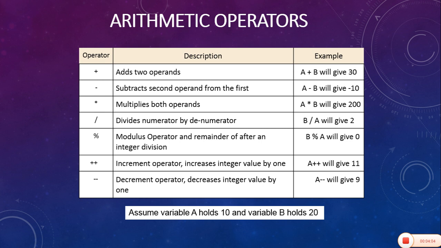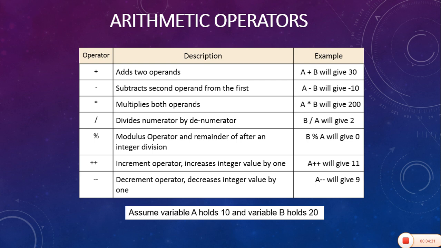The compiler will perform the operation of B divided by A, and after division, the remaining part, the remainder, will be displayed as the answer. So when B is divided by A, the remainder is equal to 0.